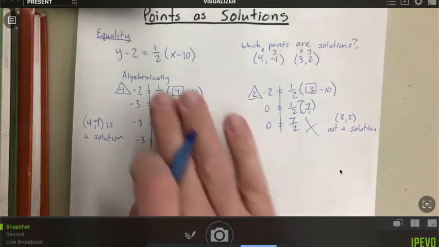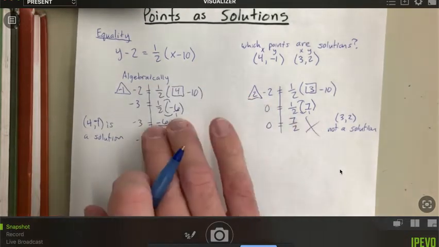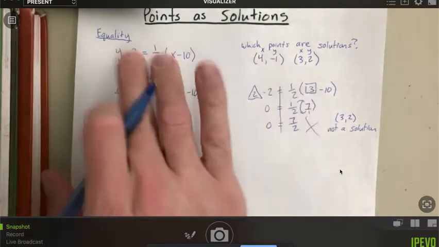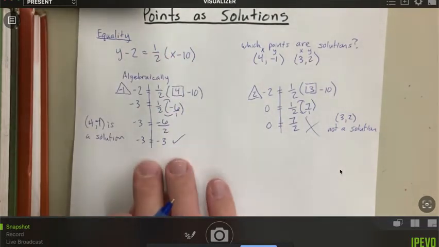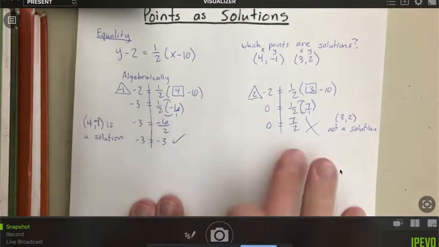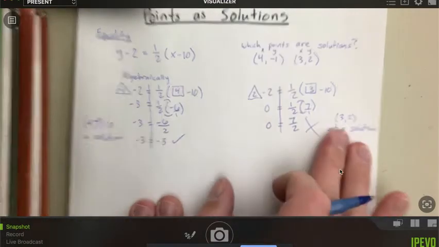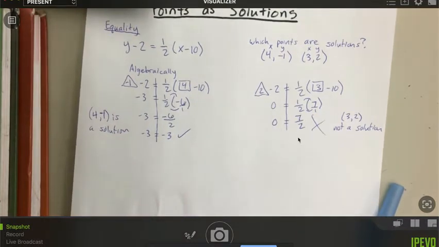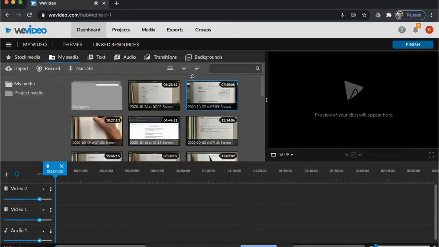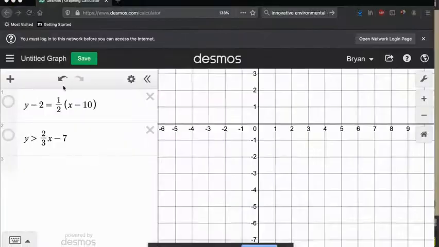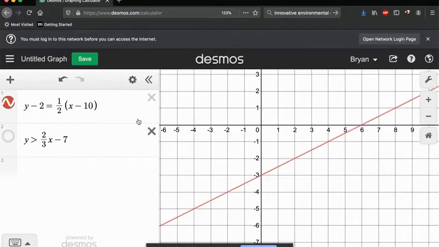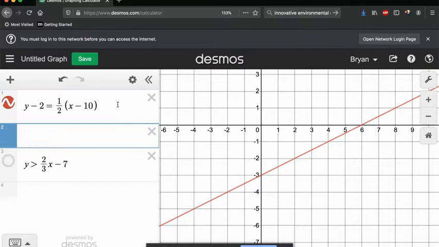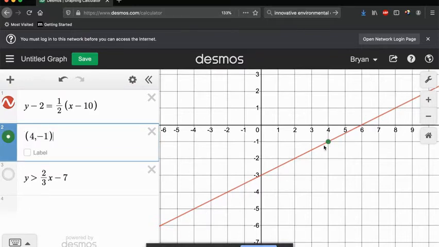So that's what it looks like algebraically. I'm just taking a point, I'm putting it into the equation, and if I get two sides that are the same, it's a solution. If I get two sides that are not the same, it's not a solution. But let's take a look at this graphically. So, wrong screen. If I take this line and I graph it originally, (4, -1), notice how that point sits right on my line.